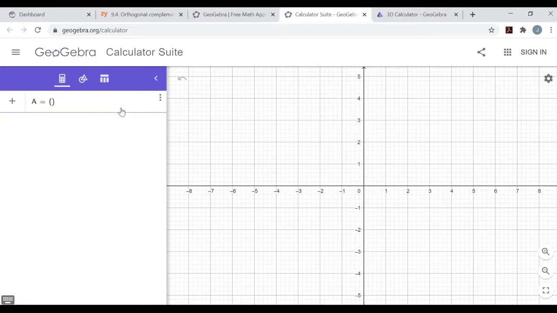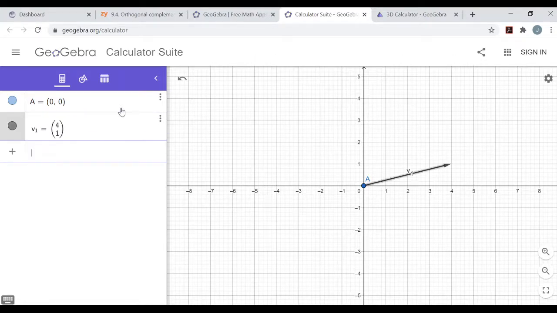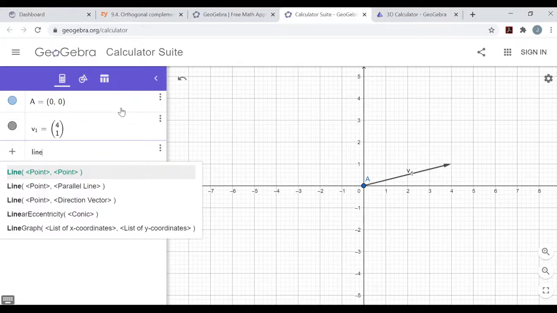Here's the origin, a little dot there. Remember, the null space was the span of the vector 4, 1. So here's the vector 4, 1. The span of that vector would be a line, containing all scalar multiples.